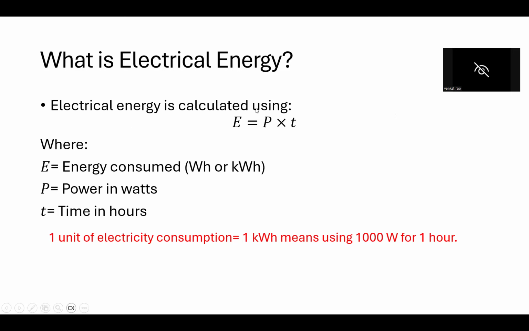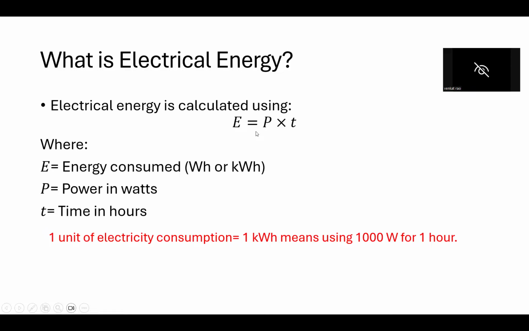Electrical energy is calculated using E is equal to P into T, where P is the power in watts, this is the measurement of power, and this is the unit, and T is the time in hours. What is the meaning of this electrical energy?